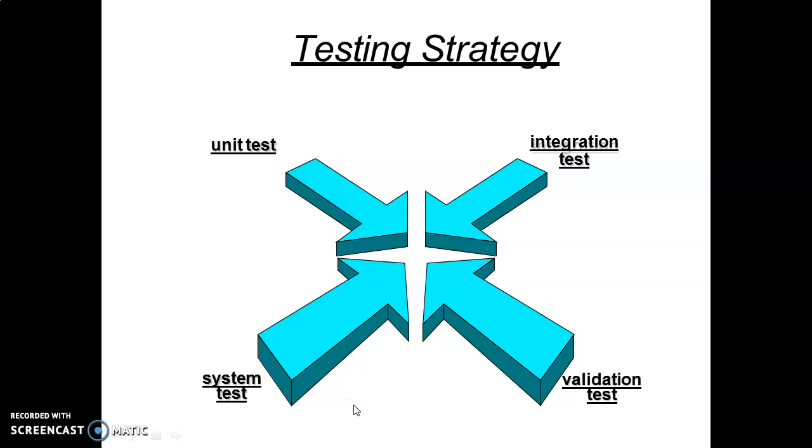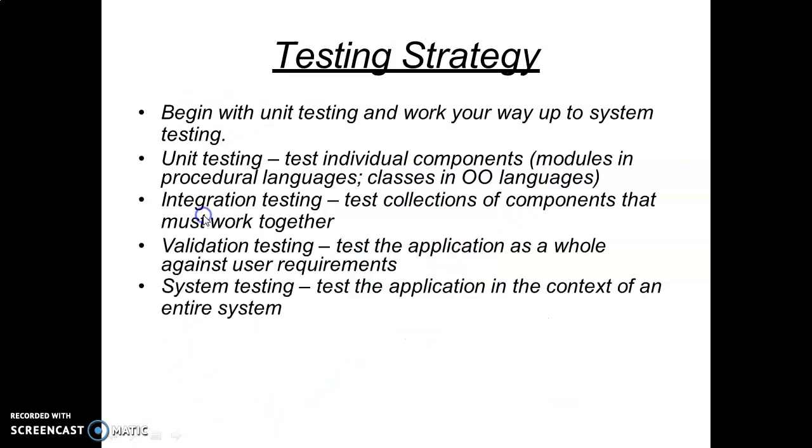Now there are four testing strategies: unit testing, integration testing, validation testing, and entire system testing. So unit testing means what? A single module, the smallest module, in a procedural language, or classes in an object-oriented language, when we check it as an individual component, it is considered as unit testing.